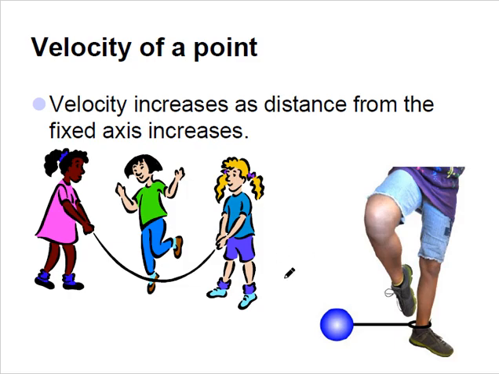We have already stressed, in the rotation, your velocity is going to increase from the fixed axis. So if this is your fixed axis, your velocity at this point is higher than the velocity at that point. Of course, we're assuming this rigid body is tied with the rod to the x-axis.